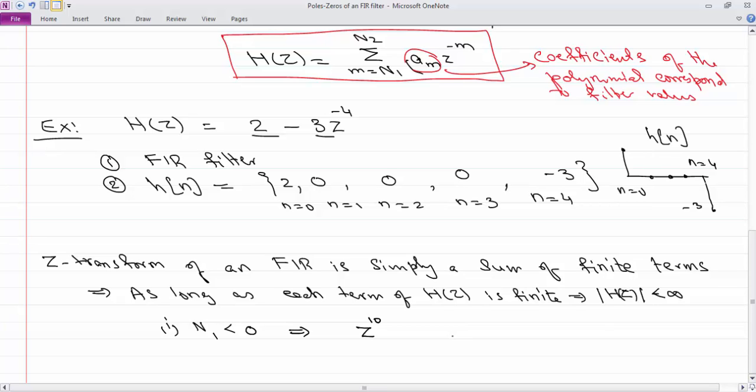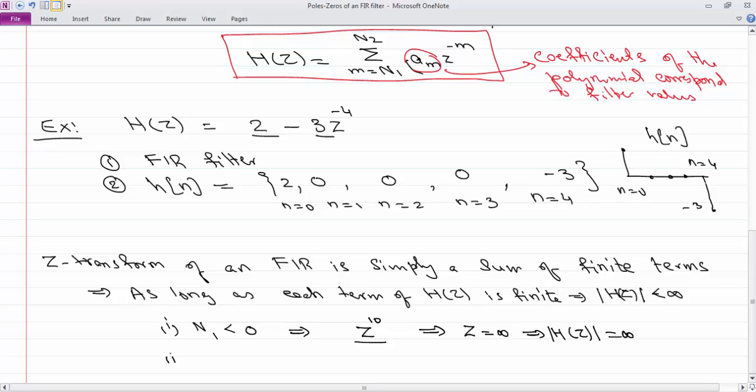If n1 was, let's say, minus 15, then you have, for example, a term like z to the 10. So this means that if you input z equal to infinity, then H of z will be equal to infinity because one of the terms is infinite. So that is the only case when you can get a pole.